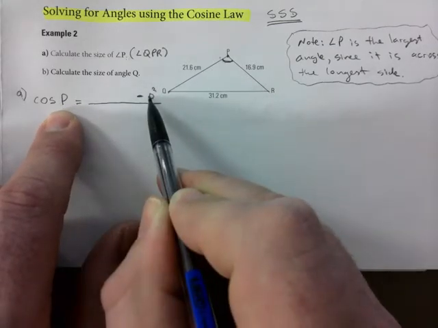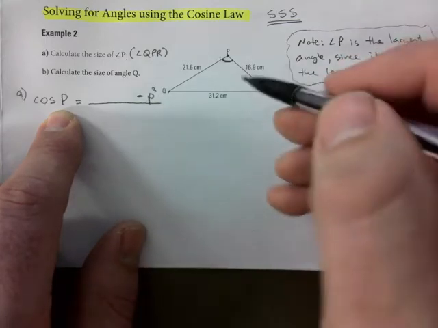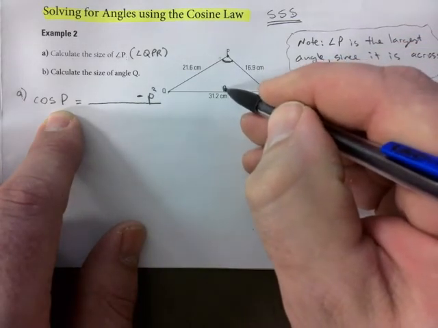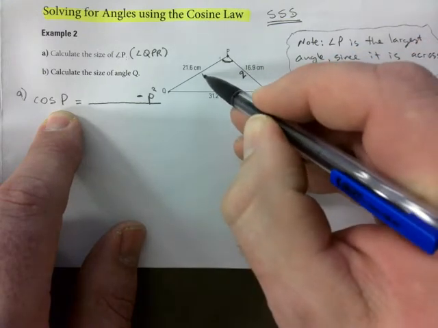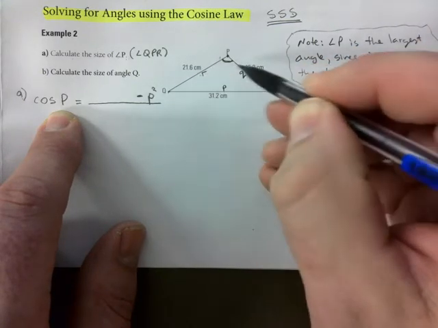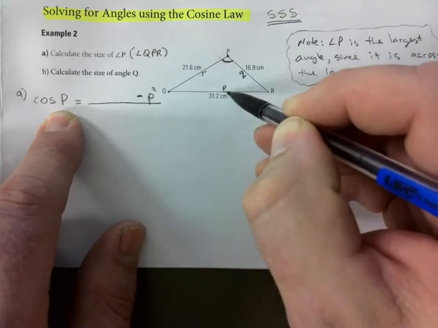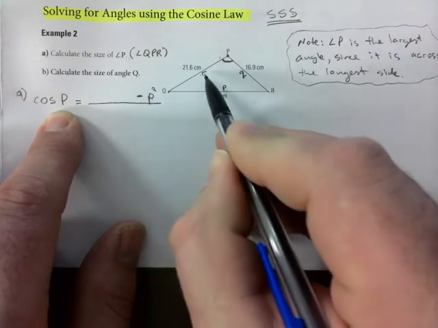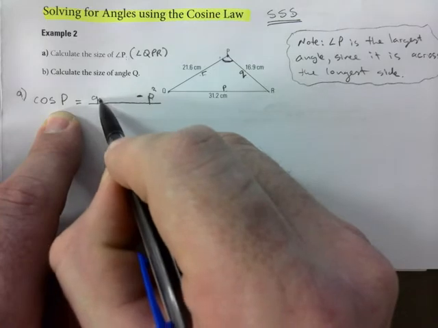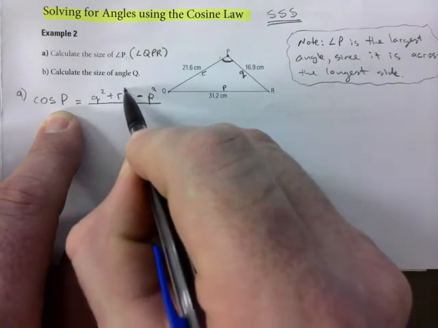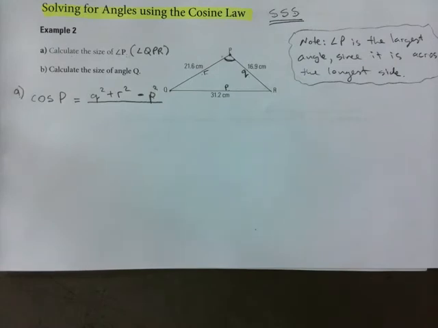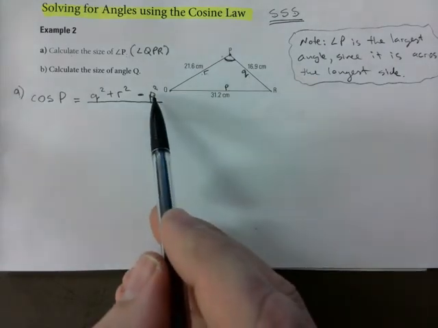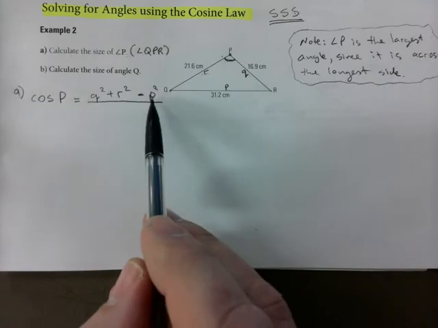And then you take the other two sides. Let's make sure we know that this is lowercase p, this is lowercase q, this is lowercase r. Those are the three sides at play here. P has to go here, therefore q squared plus r squared will go here, adding. That's the pattern. The side that's across the angle you're trying to find has to go here.